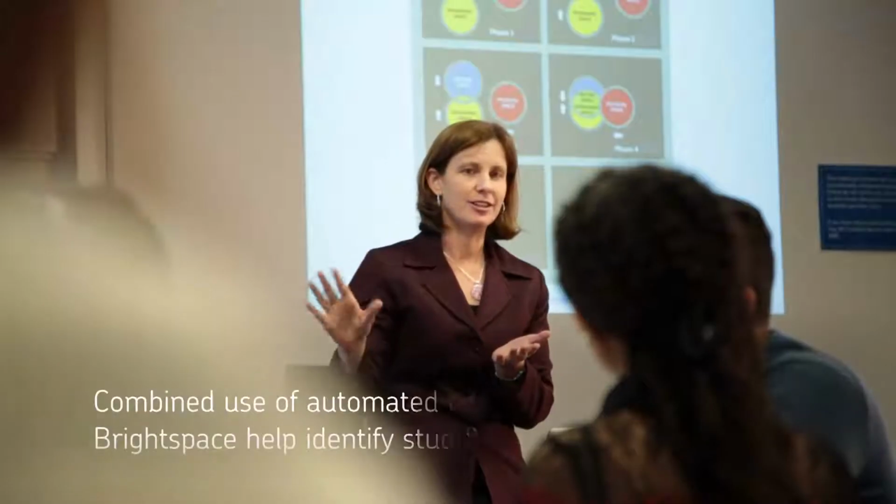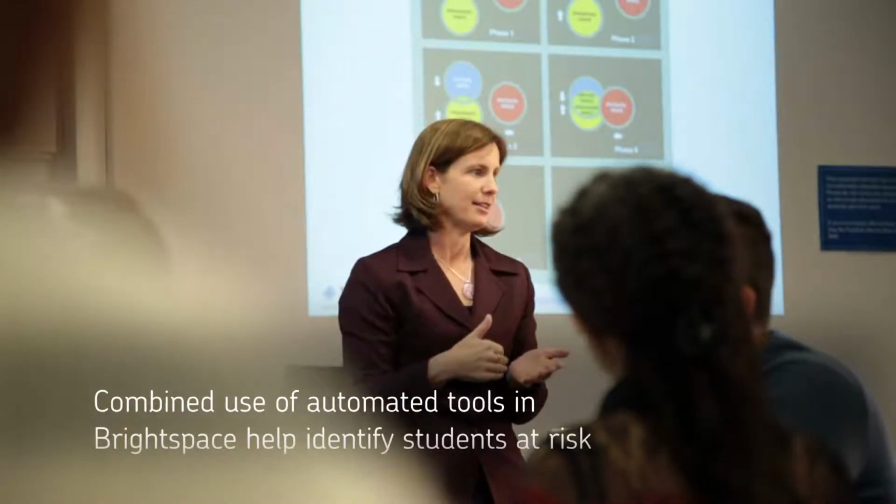And it's that ease of identification of at-risk students using largely automatic systems within Brightspace that makes the job of maintaining contact with students and supporting students who are at risk much, much easier.